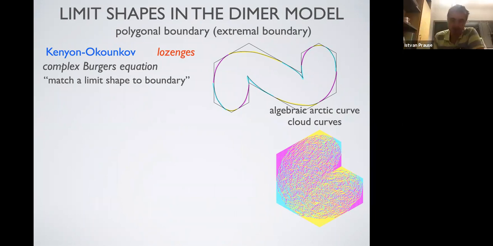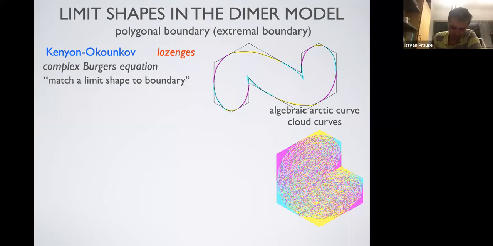So here I describe only results related to this differential approach. The first result is the Kenyon-Okounkov paper, in which they reduce the Euler-Lagrange equation to the complex Burgers equation, and in fact, for a given polygonal boundary condition, they match a limit shape for the lozenge model to the given boundary conditions, and find that the frozen boundaries are a special kind of algebraic cloud curves.